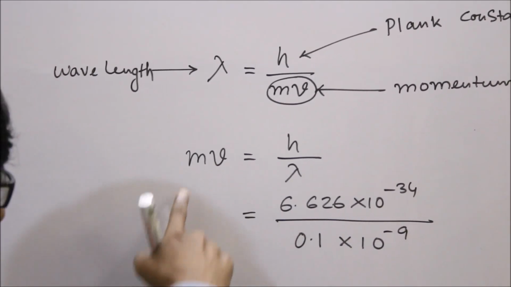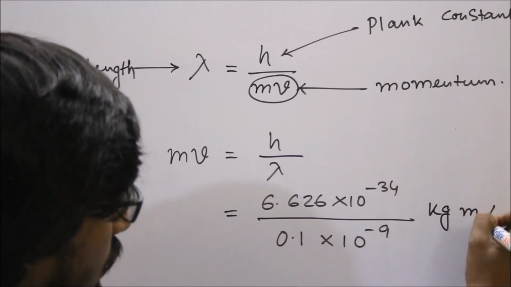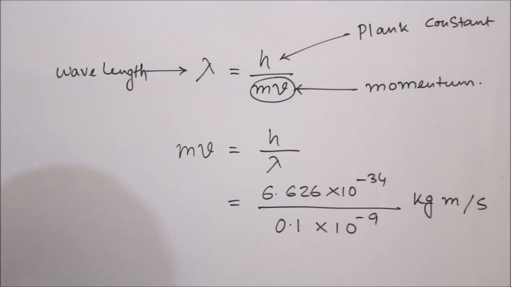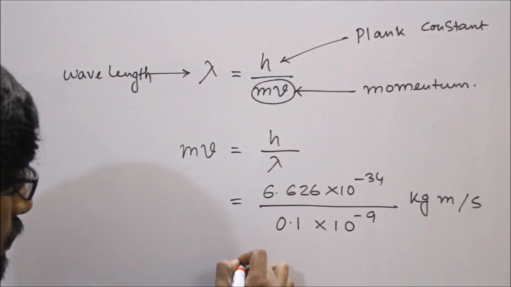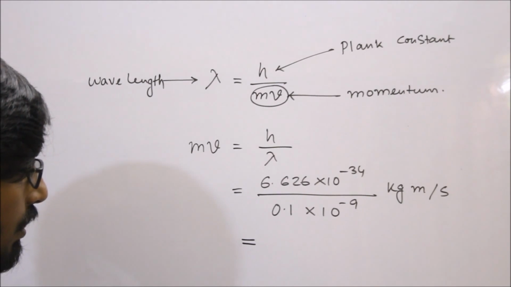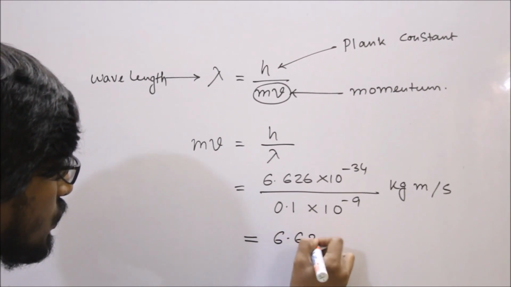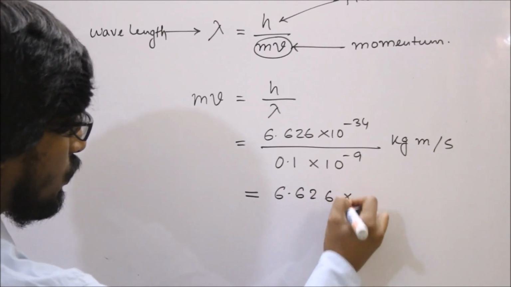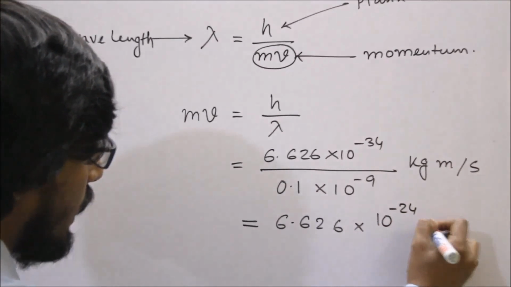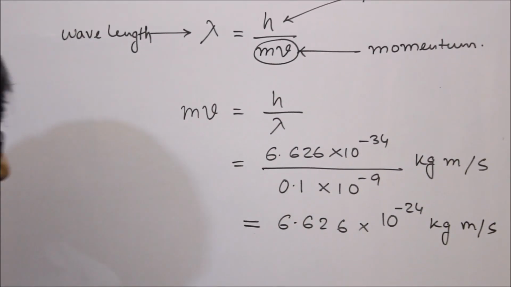So the unit of momentum will be kg meter per second. Now after calculation we get 6.626 into 10 to the power minus 24 kg meter per second, and this is our answer.